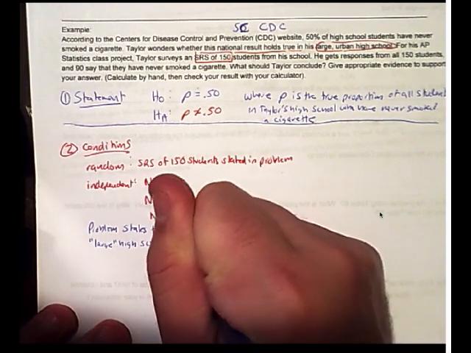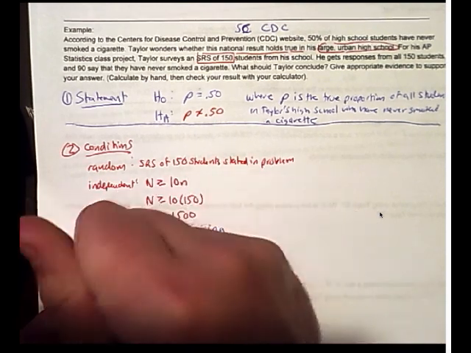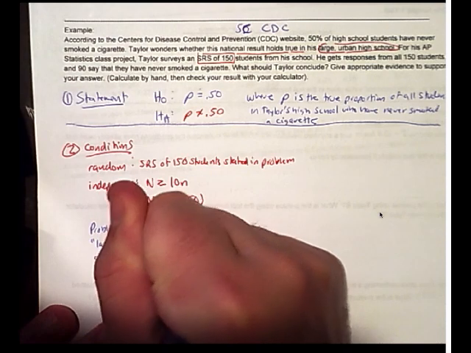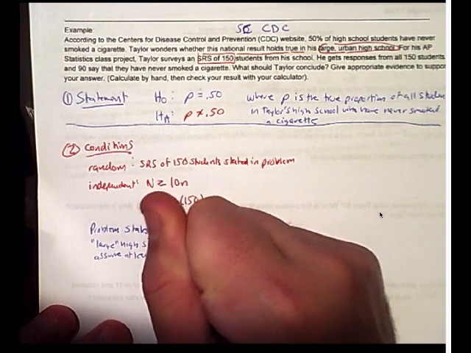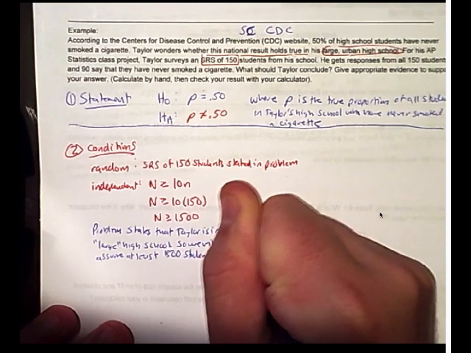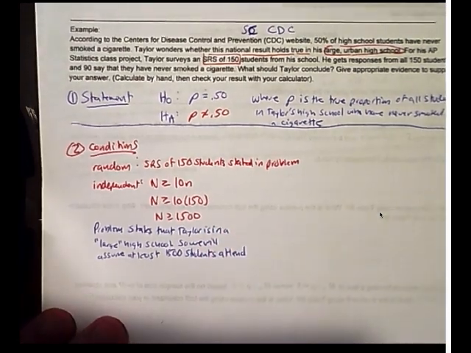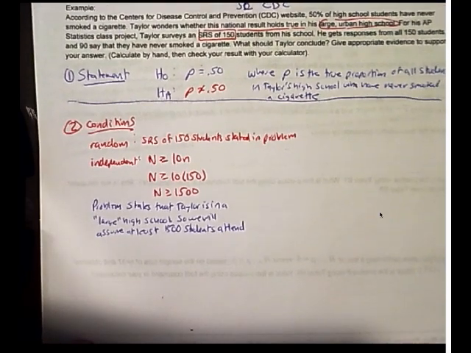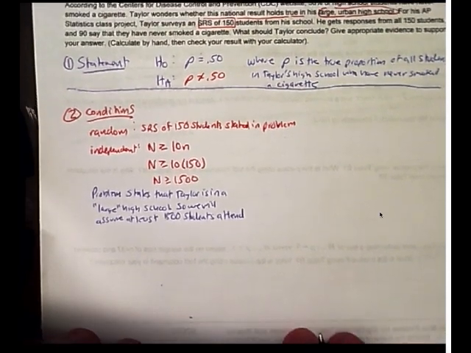So we will assume at least 1,500 students attend. Okay. So we're basically covering ourselves by making that assumption so we can keep going in the problem.